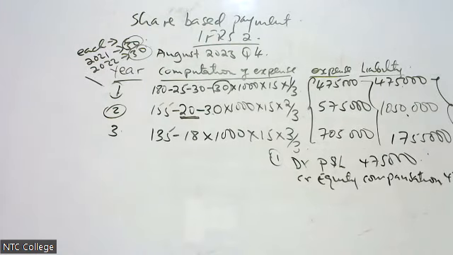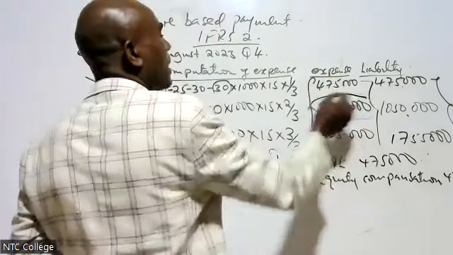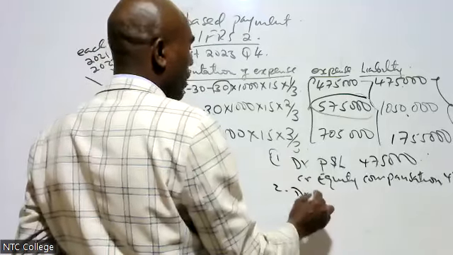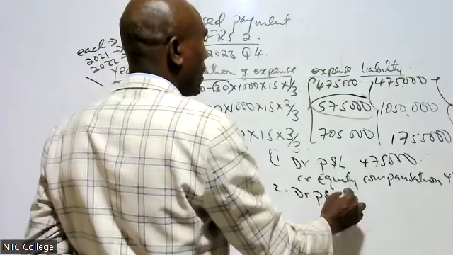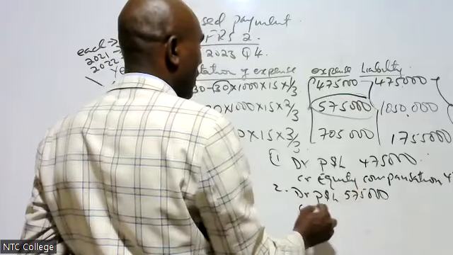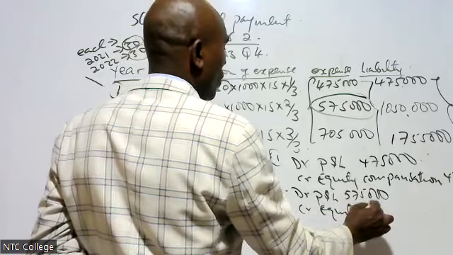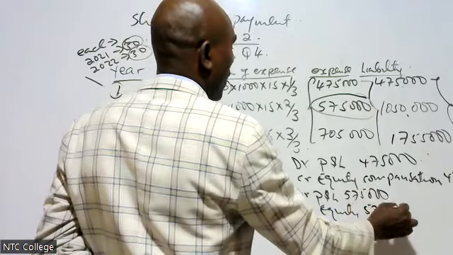When I come to year 2, this is the expense in year 2. Therefore, I debit P and L with 575,000. I credit equity compensation with 575,000 like that.